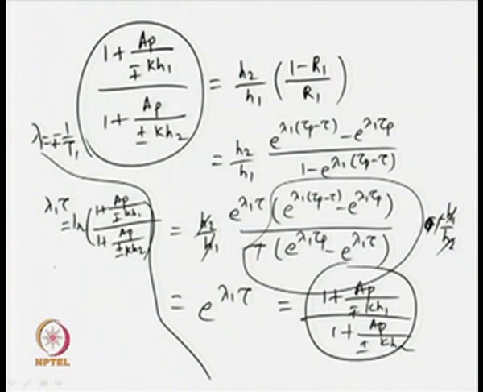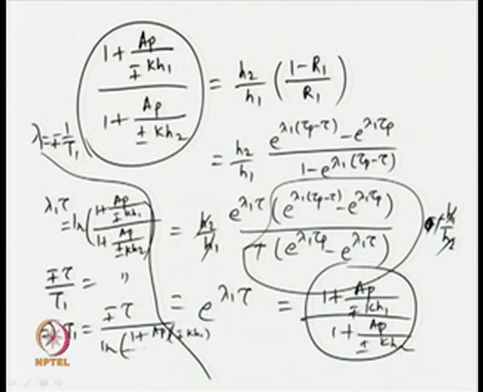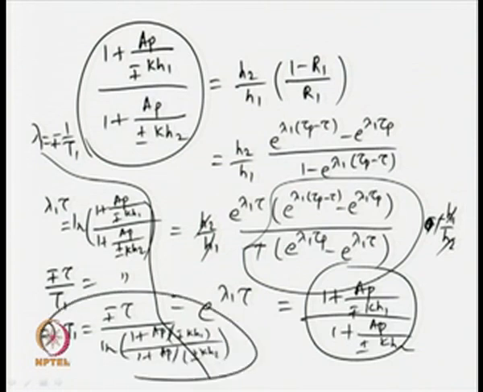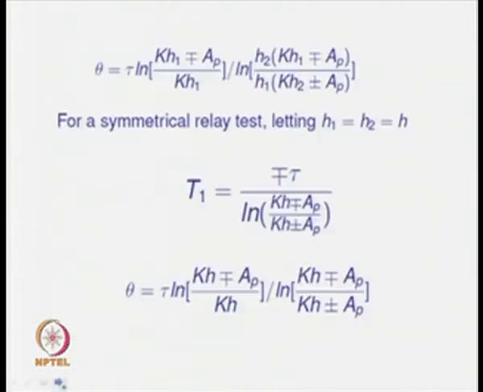So, if I write here, then minus plus tau upon T 1 is this much. Therefore, T 1 is equal to minus plus tau divided by ln of 1 plus a p by minus plus k h 1, divided by 1 plus a p by plus minus k h 2, and this is what you have got. This is how explicit expressions are obtained for the parameters associated with the transfer function model.